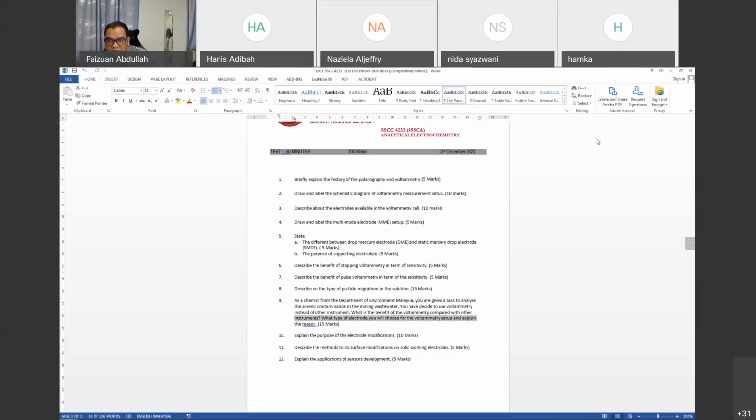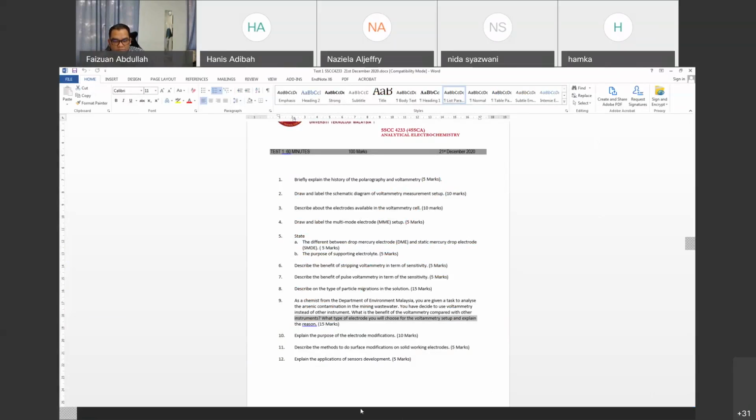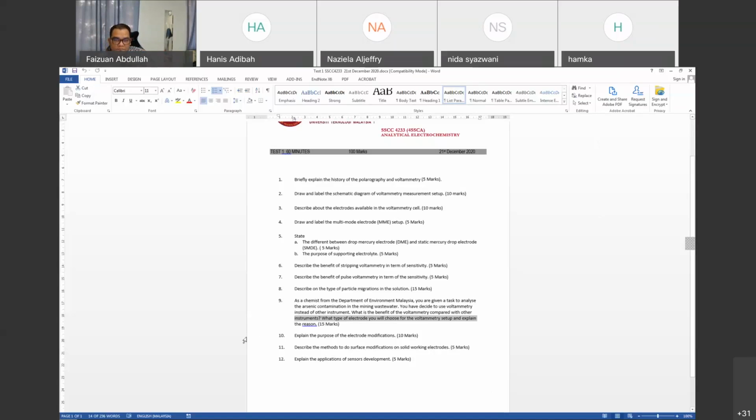Alright. Syafiq Hazlan. Soalan nombor 11. Describe the method to do surface modification on solid working electrode. Syafiq Hazlan 1.